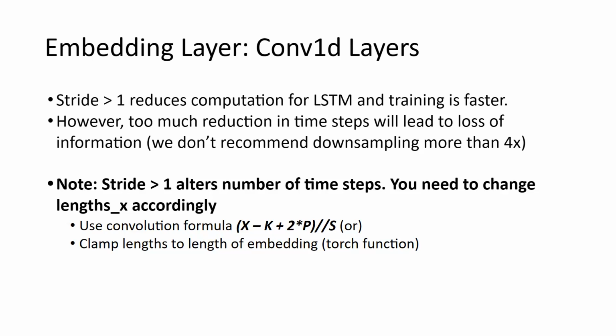So for example, you have a batch of size 4 with lengths 2, 6, 10, and 10. You will get not only the MFCCs, but also a list of these lengths, which is 2, 6, 10, and 10. If you apply a convolution which does not change the lengths of the inputs in the embedding layer, that's completely fine. But if you do apply a strided convolution, make sure that you change the lengths as well according to the final lengths of your convolution's output.